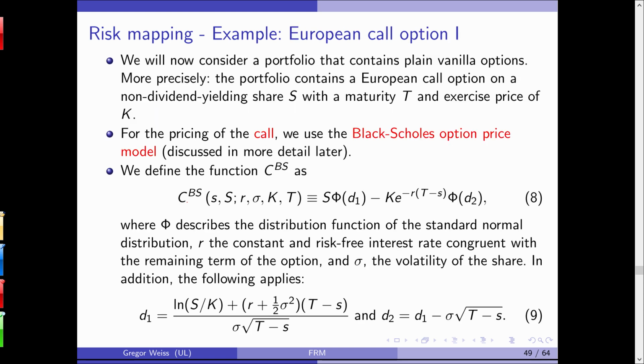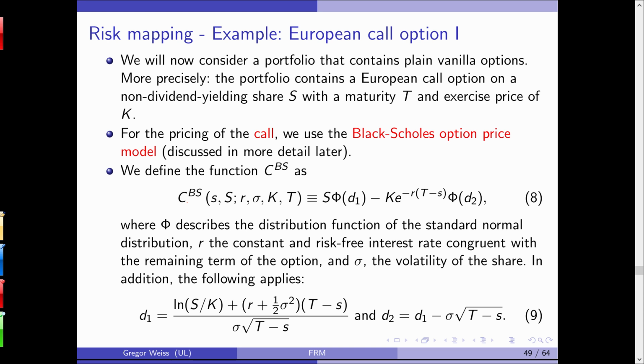Next example, European call option. European call option, you probably know this, a European call option is the right but not the obligation to buy a certain number of underlying stocks, or the underlying, and the European call option on a non-dividend yielding share with current price S and a current maturity T and an exercise or strike price of K under the Black-Scholes-Merton model has the following price.